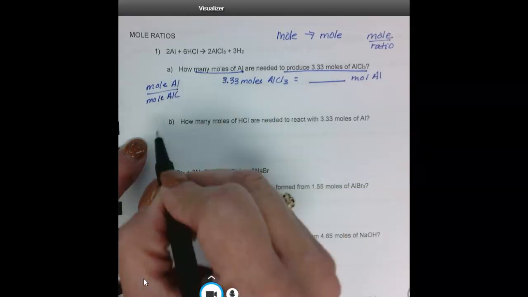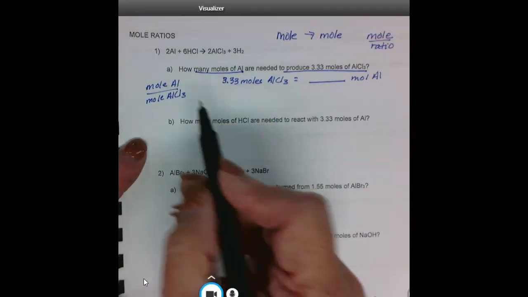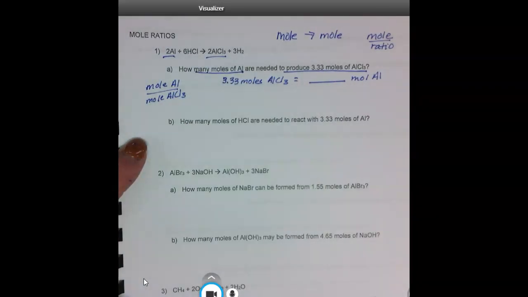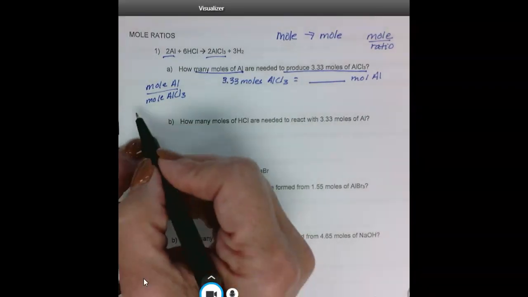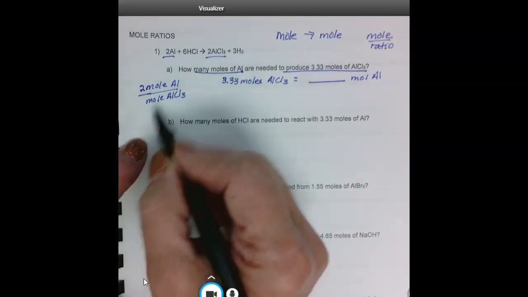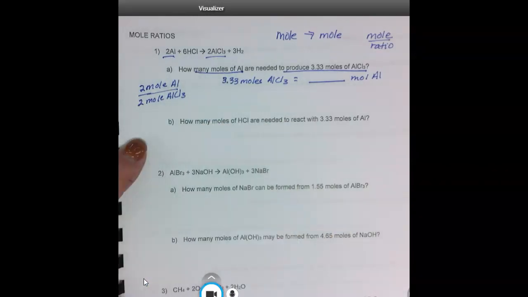Now, I'm not really paying attention to which order I'm writing them. I'm just looking at what we need. So I would always go up here and either underline or highlight what we're talking about so that you don't get them confused. So in this case, I have 2 moles of aluminum for every 2 moles of aluminum chloride.